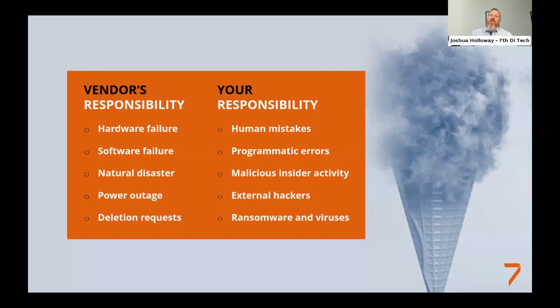So this is a good list to kind of show you the vendor's responsibility, and then you as the business's responsibility, and then IT where they come in, right? So you should be able to ask the questions like, if a human makes a mistake, can I recover? If the software patch messes up my software, can I recover? What can I recover from, and how long will it take to recover from that system?